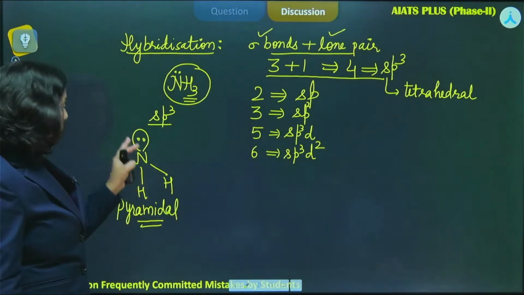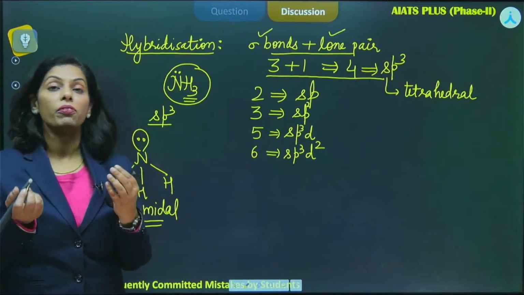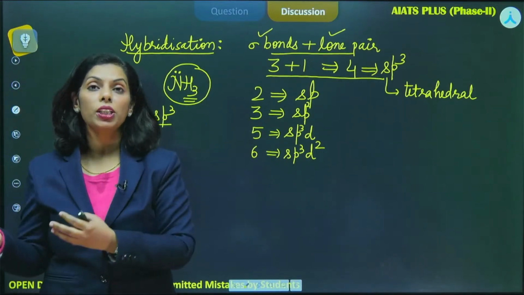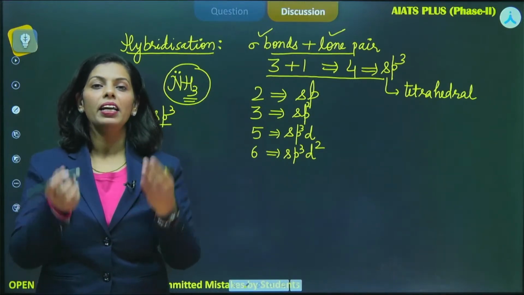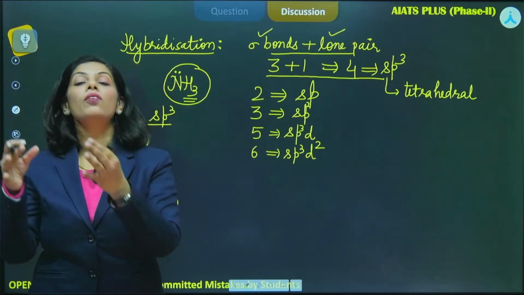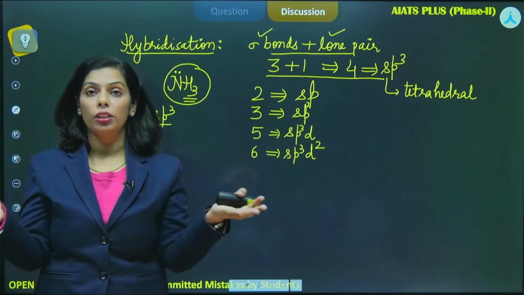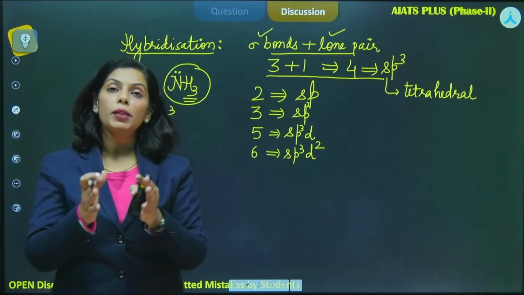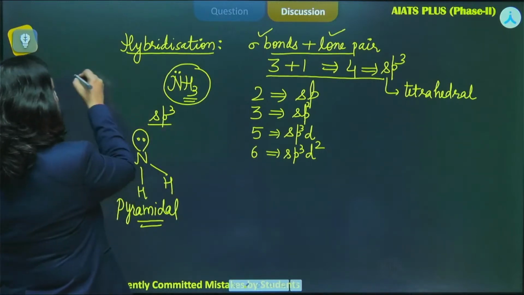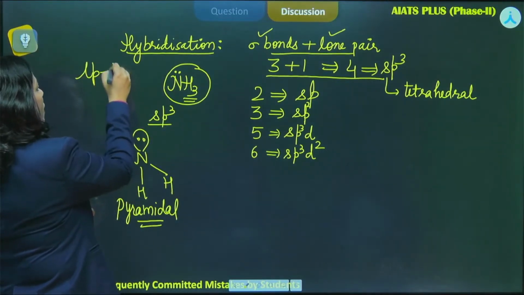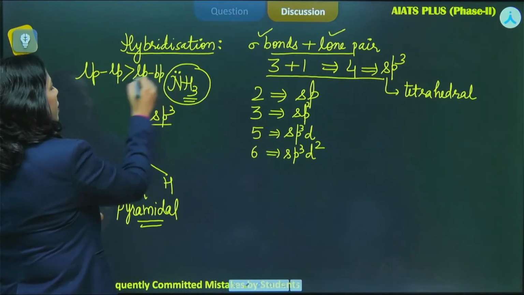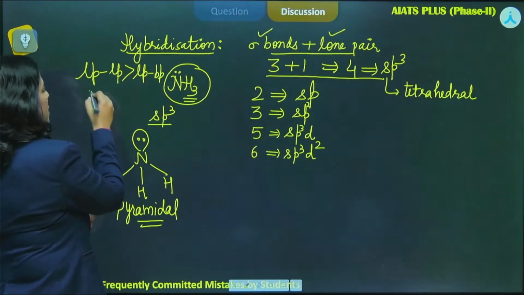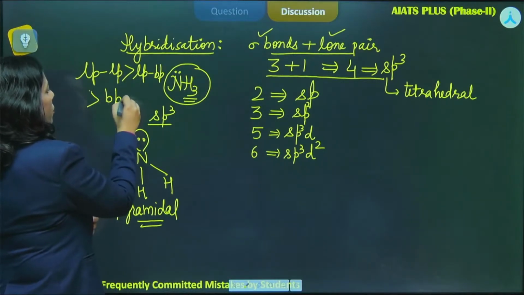Right? And what happens? Recall the VSEPR theory, valence shell electron pair repulsion. In the valence shell, if electrons are present, they repel each other, right? And maximum repulsion is between lone pair and lone pair, then lone pair and bond pair, and then bond pair and bond pair.